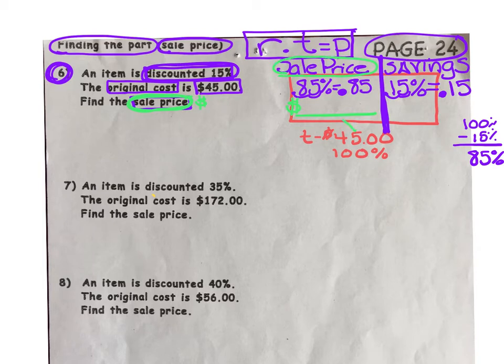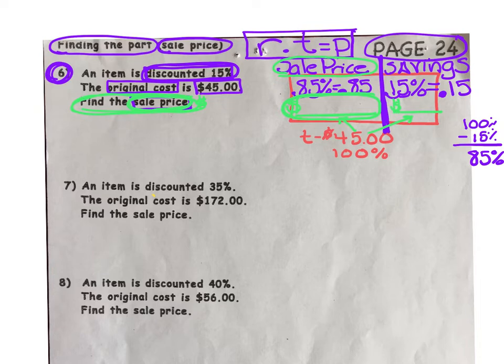Part of that $45 will be sectioned off to this part of the bar, and part will be the savings amount in dollars. But really, we just want the sale price based on what we were asked to find over here.